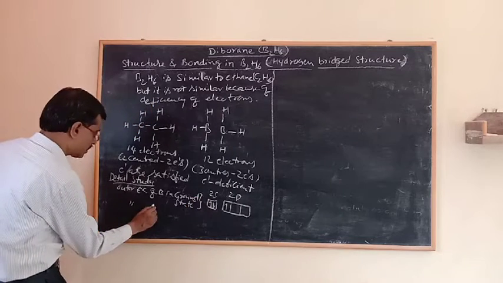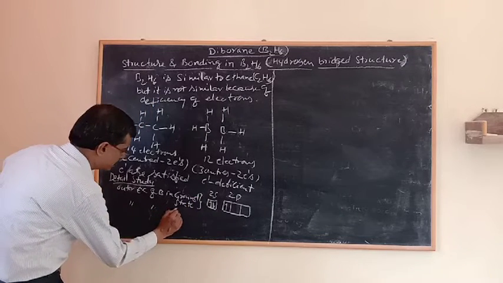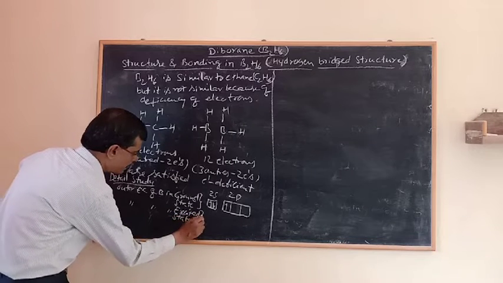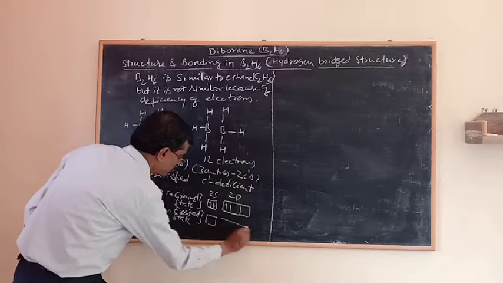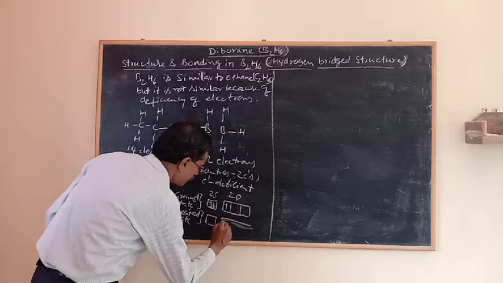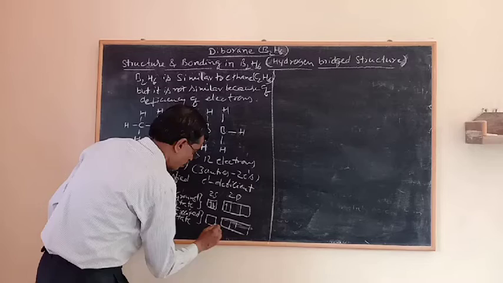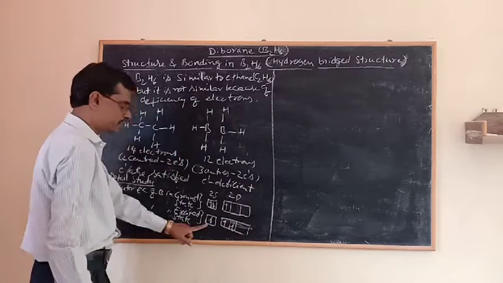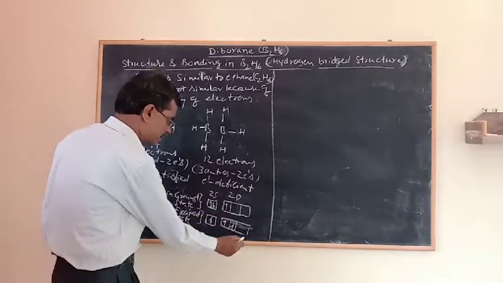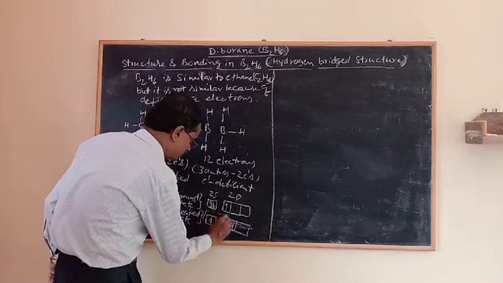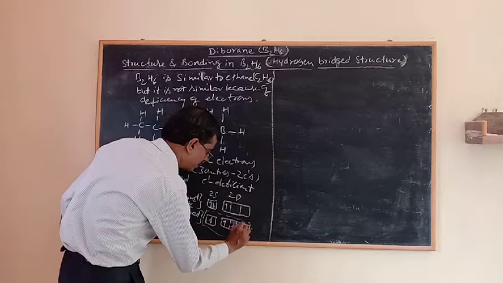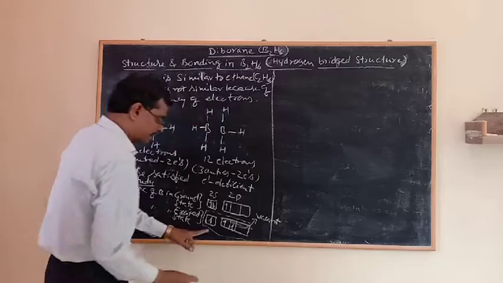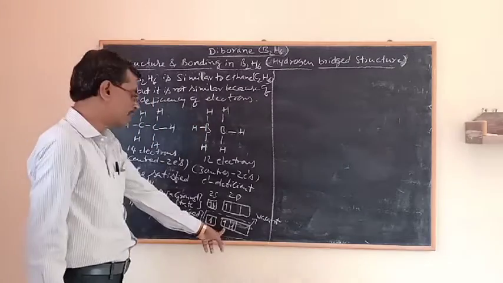But for the outer electron configuration of boron in the excited state, one of the electrons is shifted to the 2p orbital, and there is again one vacant orbital, and this is a type of sp3 hybridization.